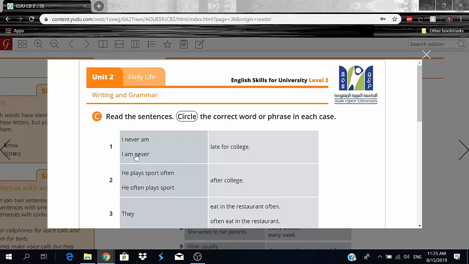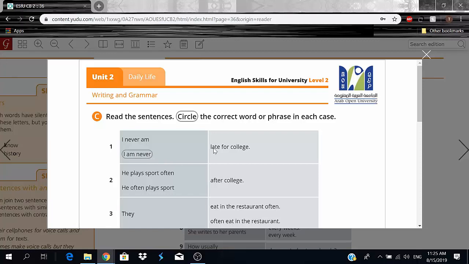Okay. Now, this is going to be kind of an exercise for our frequency adverb positions that we talked about in the previous page. So here I have I never am late for college, or I am never late for college. And obviously, second one is true. I am never late for college. Why? Because the order of our frequency adverbs with verb to be is like so.